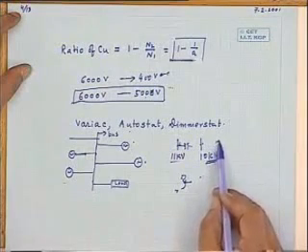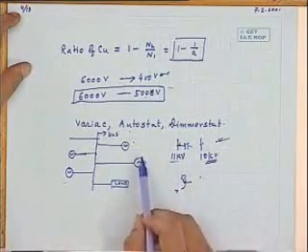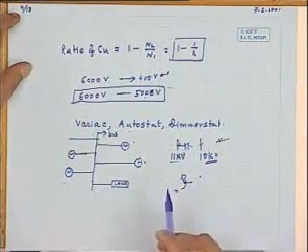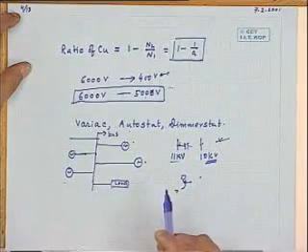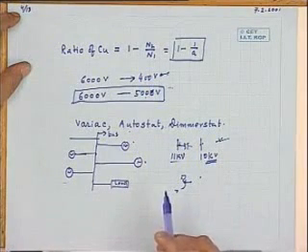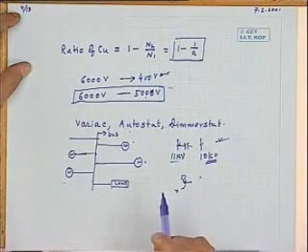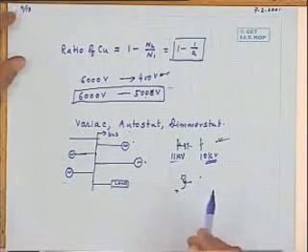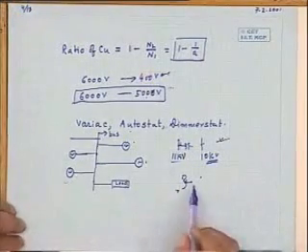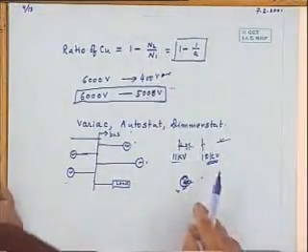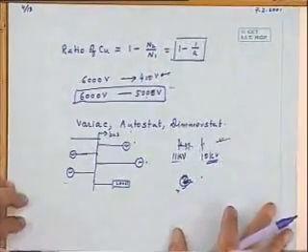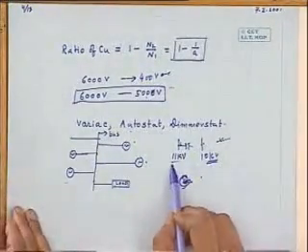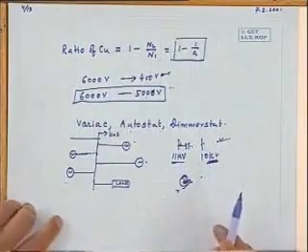So auto transformer finds application there, and it also finds another application: auto transformers are used to start induction motors, large induction motors. That we will take up when we study induction motors. There also auto transformers are used, of a particular setting. So this you should keep in mind, being an electrical engineer.